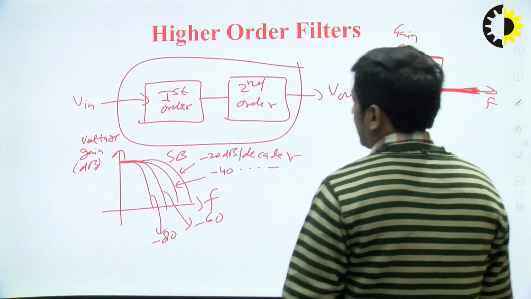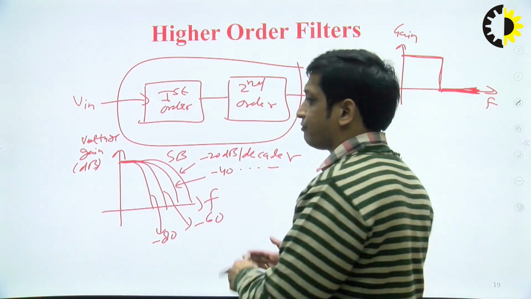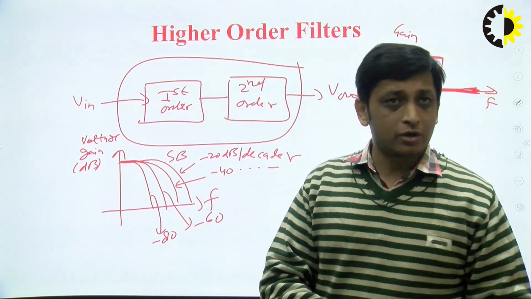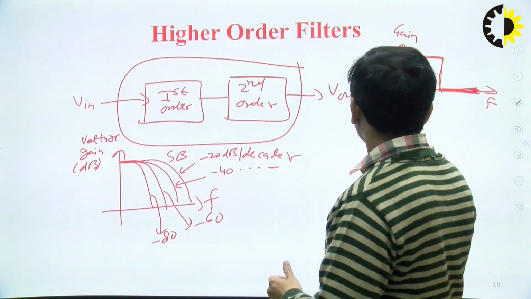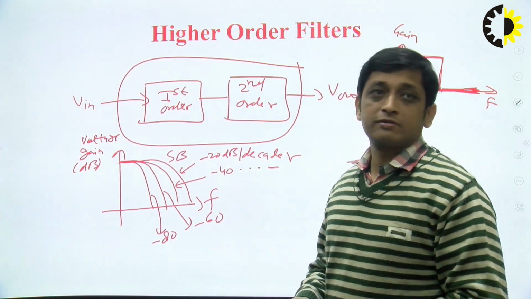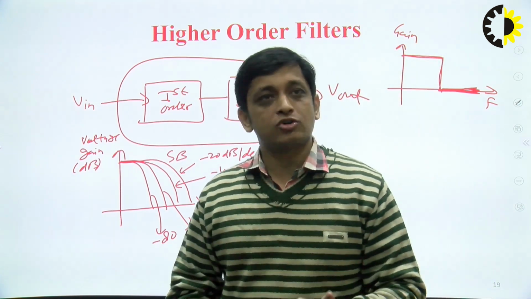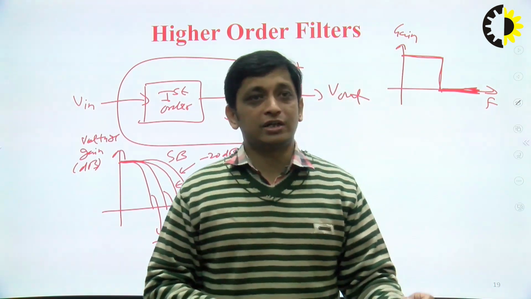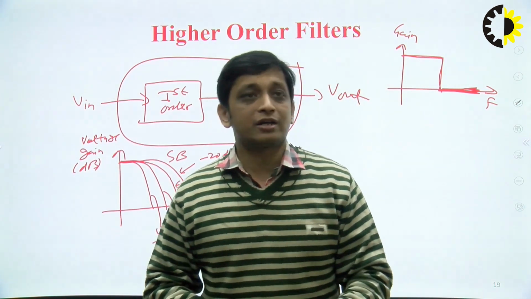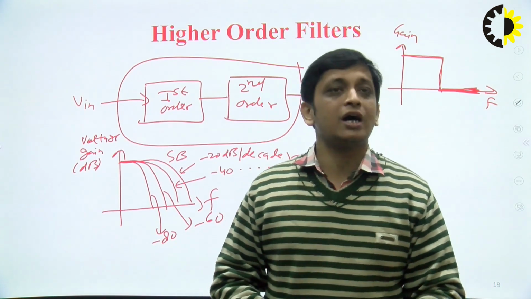Now you can see that as the order of the filter increases from first to second to third to fourth order, the stop band response approaches the ideal response. So that is the advantage of higher order filters.